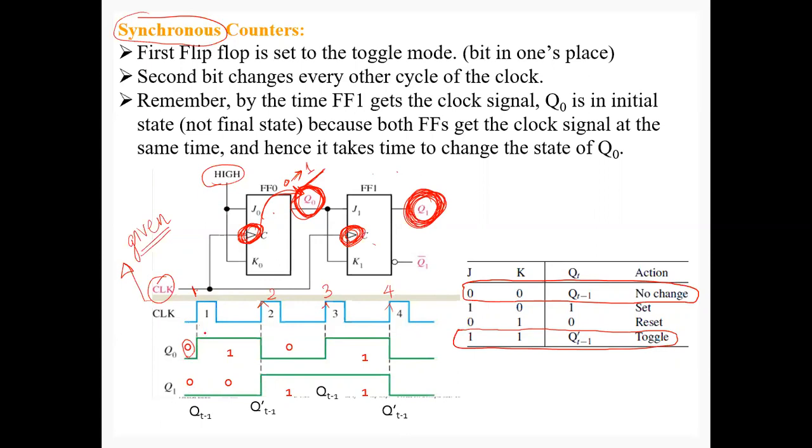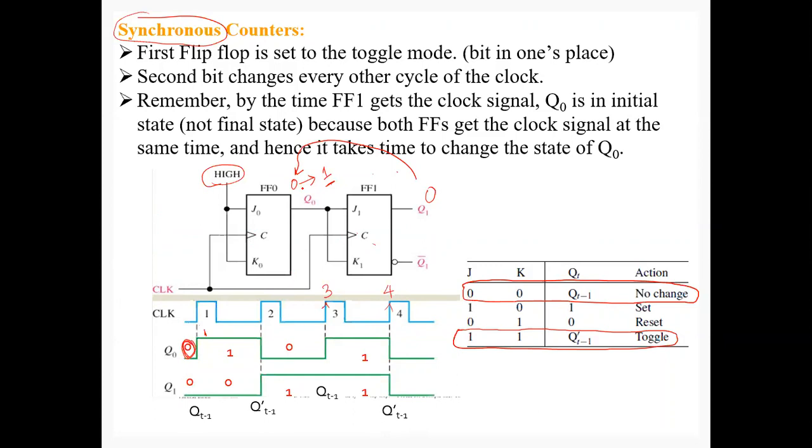Even though it changes to 1, we have to base it on this 0. Meaning, this changes from 0 to 1, but this guy still is 0 because it is based on this 0, not this 1.